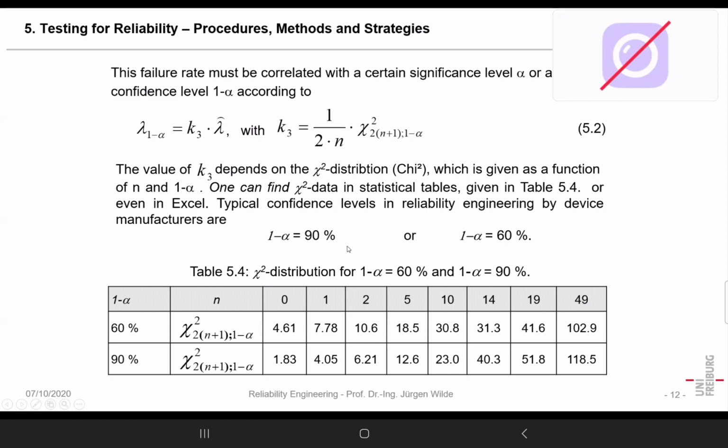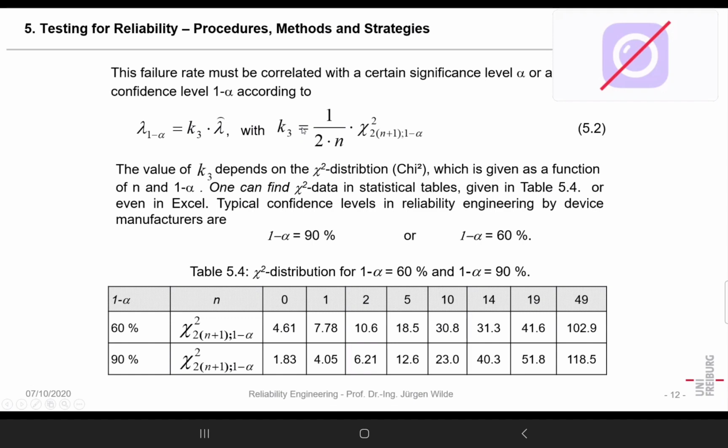So that value of the chi-square function is 4.05, let's say roughly 4, and you divide it by 2, so your multiplier is 2.